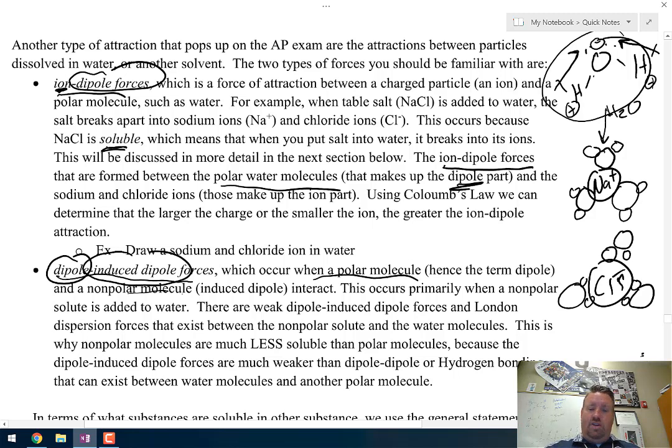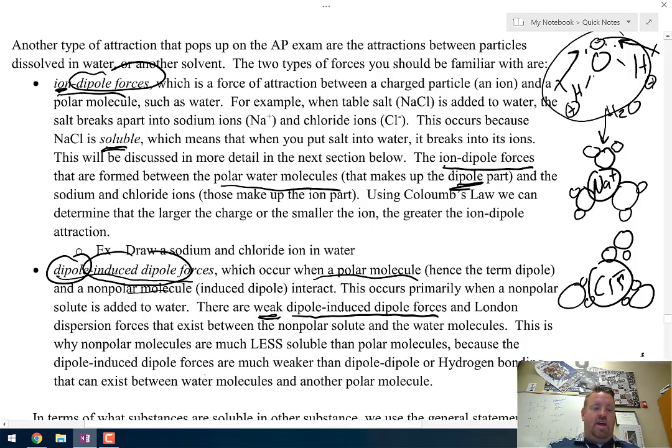Okay, this occurs primarily when a nonpolar solute is added to water. So if something's nonpolar, you put it into water, you get these very weak dipole-induced dipole forces. And again, London dispersion forces exist between that nonpolar compound.